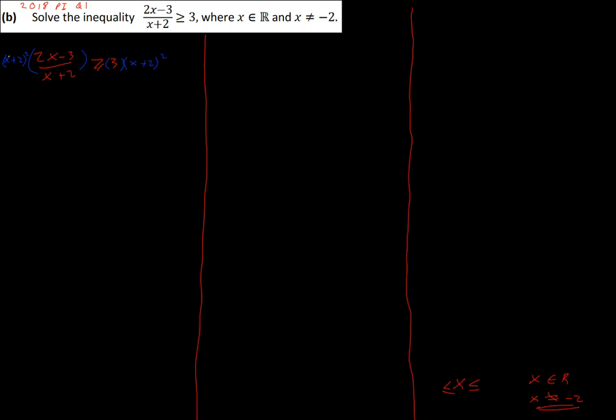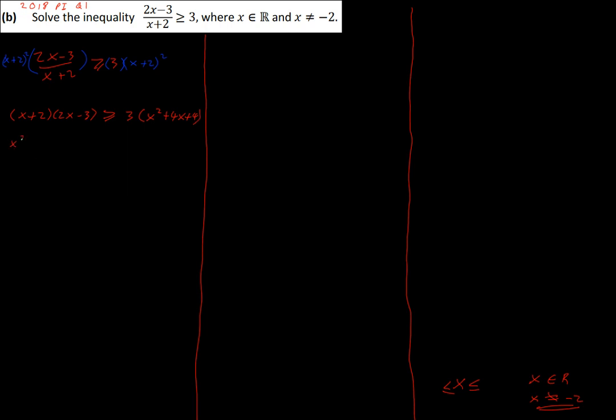So I have a common factor top and bottom here, so I'm left on the left with (x plus 2) times (2x minus 3). I don't have to do anything with this. 3 times (x squared plus 4x plus 4).